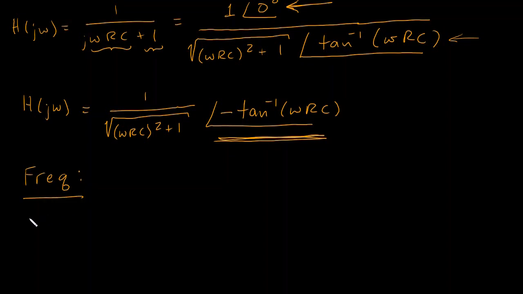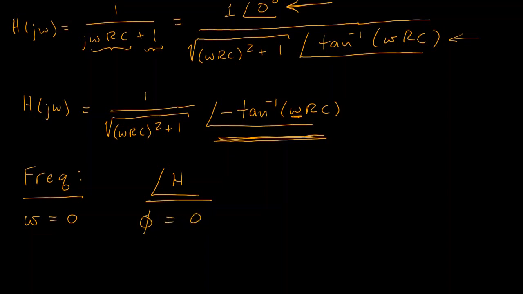If omega equals 0, then the phase, which I'll write here as the angle of H, is the arctangent of 0, which happens to be 0. So our phase equals 0.